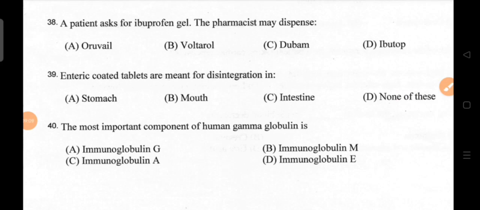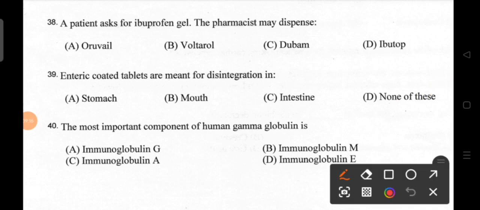So the options are stomach, mouth, intestine and none of these. So it's obvious stomach is not the answer. Remaining are mouth, intestine and none of these. So the correct answer will be intestine. So enteric coated tablets are generally meant for disintegration in the intestine.